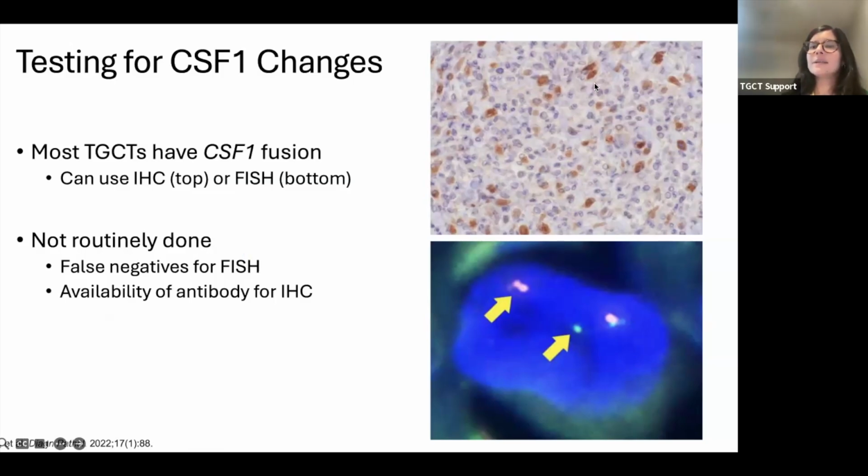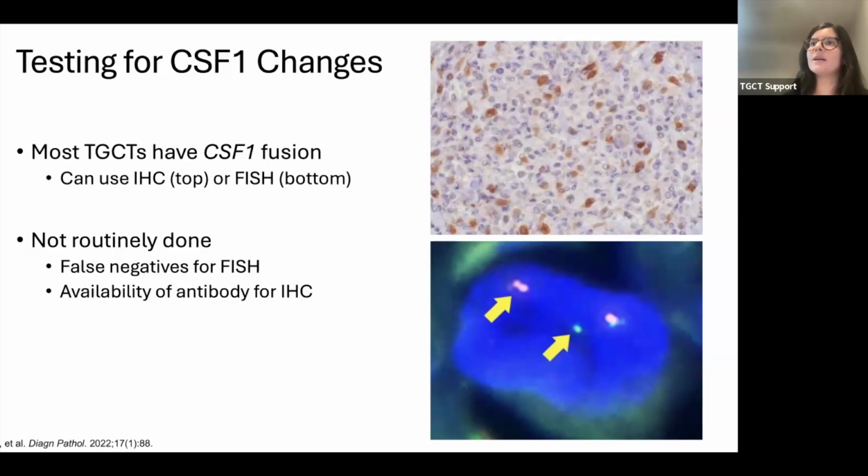So IHC appears top. And again, the CSF1 protein, you're seeing it not expressed in every single cell, right? And that again goes back to what the tumoral milieu is, because only your synovial cells are the neoplastic ones. So we're checking for the neoplastic protein in the neoplastic cells. So in all of the macrophages that are in the background, obviously there will be no expression of that protein.